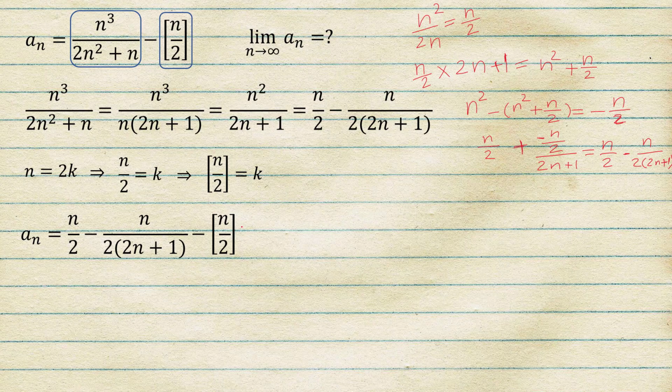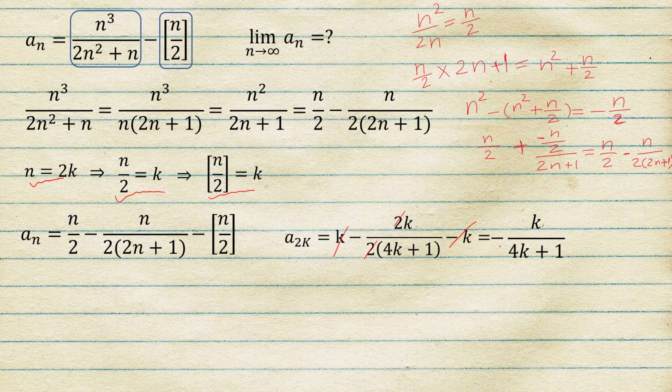Now if we substitute k for n over 2 and 2k for n, the new form of our sequence for even numbers becomes k minus 2k over 2 times the quantity 4k plus 1 minus k, which if we simplify it, we arrive at the expression negative k over 4k plus 1.